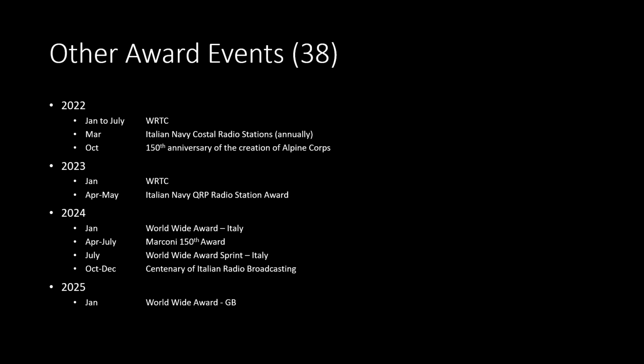Since 2022, there have been about 38 events happening on this platform, and again, most of them have been Italian. This is just a list of some of the events. Back in 2022, there was the January to July event for World Radio Sport.